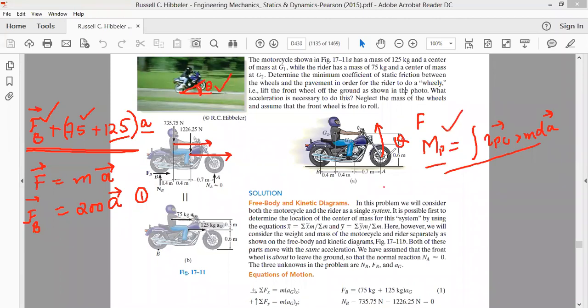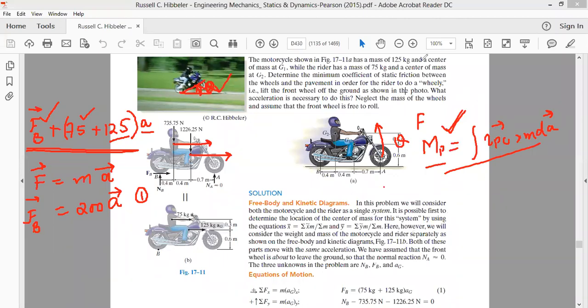Because this equation tells us that the wheelie is possible when some angular motion has been performed. As the motorcyclist is moving forward, it has some angle with respect to the ground. So it's not only linear motion, it's a combination of linear as well as angular motion. That's why we have to use this equation as well.